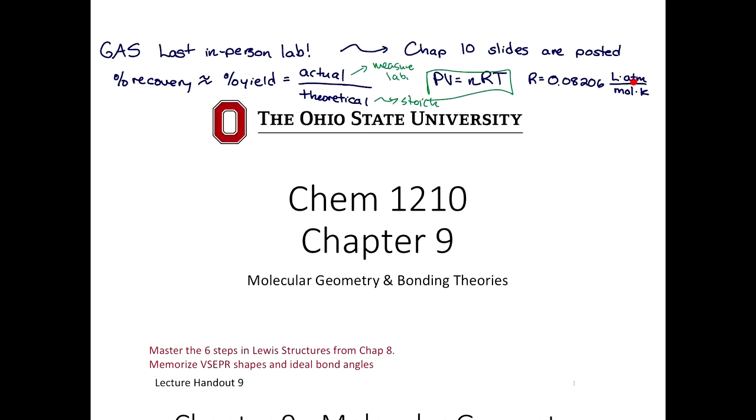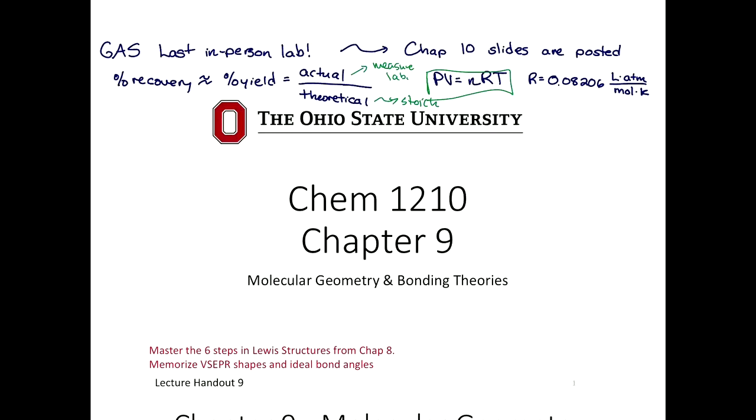Pressure needs to be in atmospheres, volume needs to be in liters, n is moles, and T is the temperature of your sample in Kelvin. That's basically the only equation that you need to use. And R, that gas law constant, tells you the units of all of these variables in order for that equation to work. All right, so that's just some tips on the gas law lab.